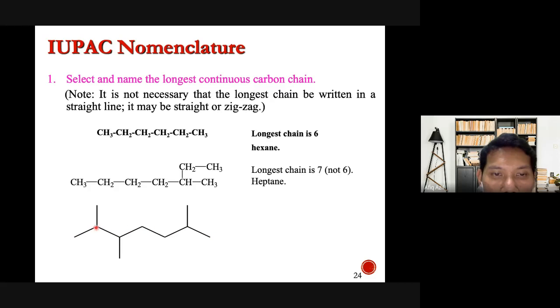Or 1, 2, 3, 4, 5, 6, 7, also the same. Even if you start from this carbon, it will give you a 7 carbon chain. If you go this way, it will give you 7 as well. So always try to find the longest continuous carbon chain.